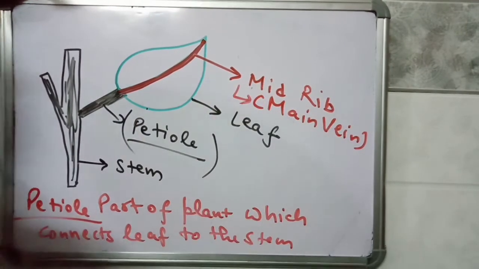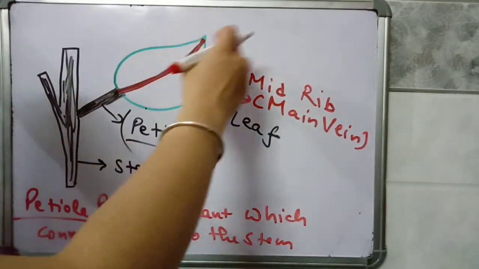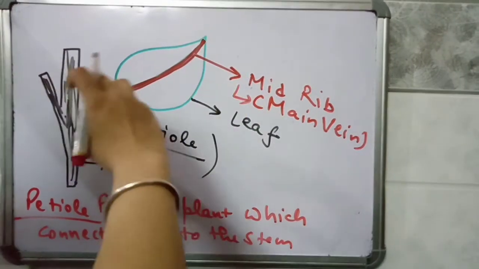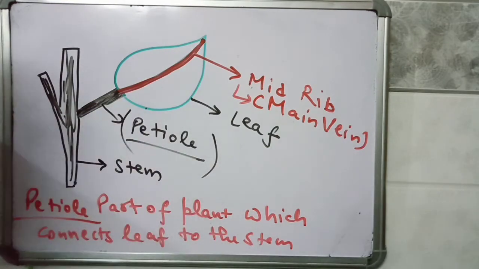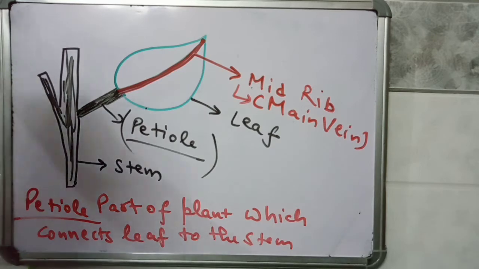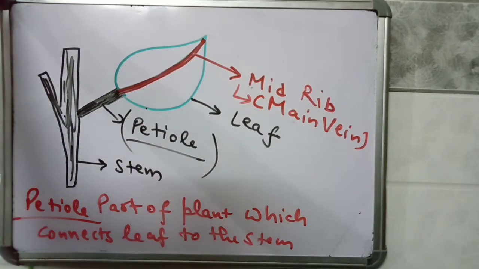In a leaf, a central straight line structure is present, and this is known as the midrib.